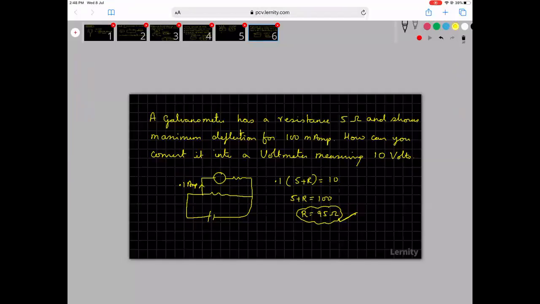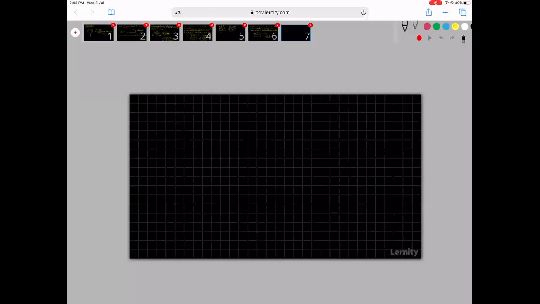Now let us move on. There are some small concepts that I want to talk to you about. It may be a little difficult, don't worry about it. See, here is a resistor, suppose this is 2 ohms. Here is a resistor, suppose this is 6 ohms. And you have connected them to a 4-volt battery.